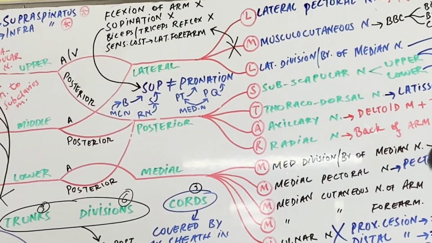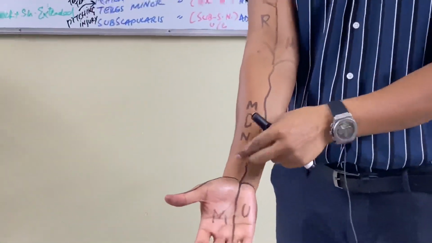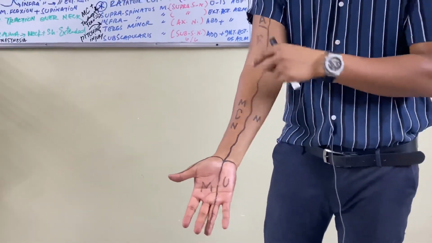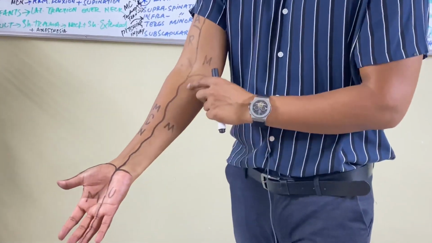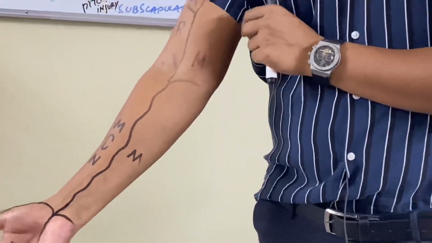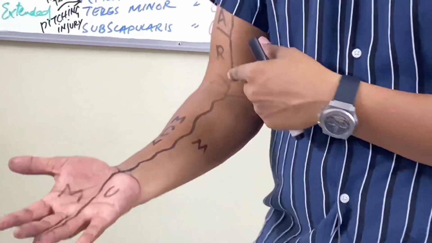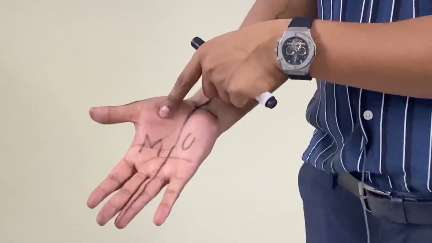You can see over here, the lateral forearm. Okay, this is the musculocutaneous nerve area, sensation from the lateral forearm by the musculocutaneous nerve. Sensation from the medial forearm by the medial cutaneous nerve of the forearm. Sensation from the medial arm by the medial cutaneous nerve of the arm, and sensation from the lateral 3.5 fingers of the hand by the median nerve.